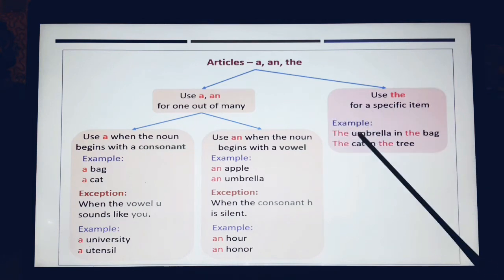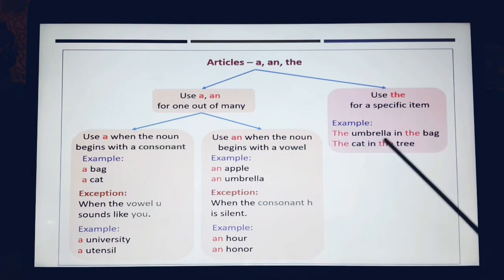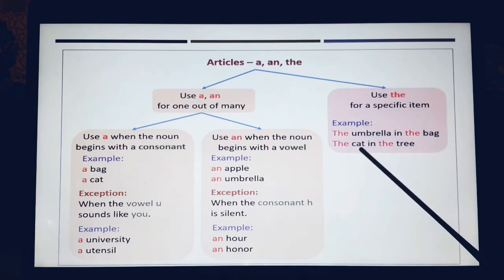Example, the umbrella in the bag, or the cat in the tree. Here you can see that the umbrella is a specific umbrella which is in the bag. So we are using the for the specific umbrella or the specific cat which is in the tree.